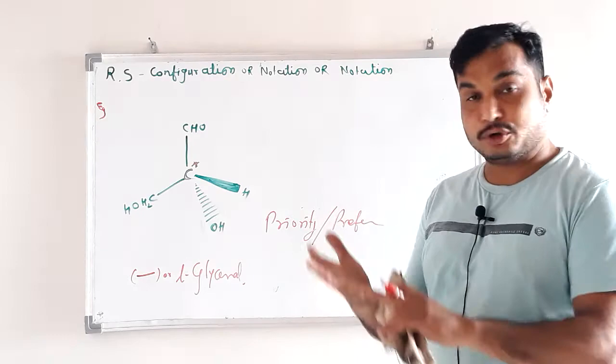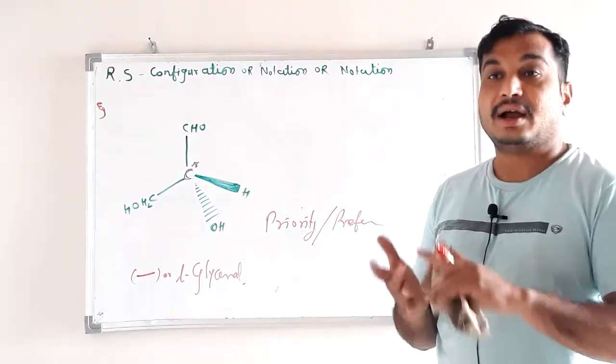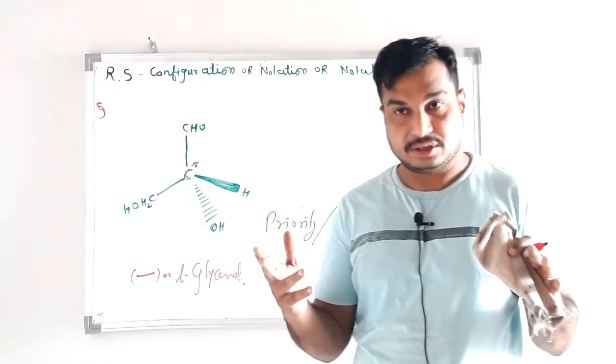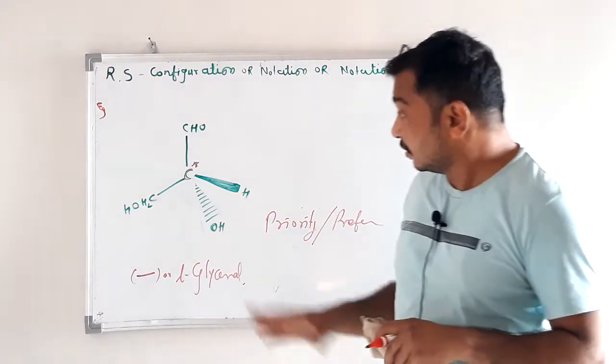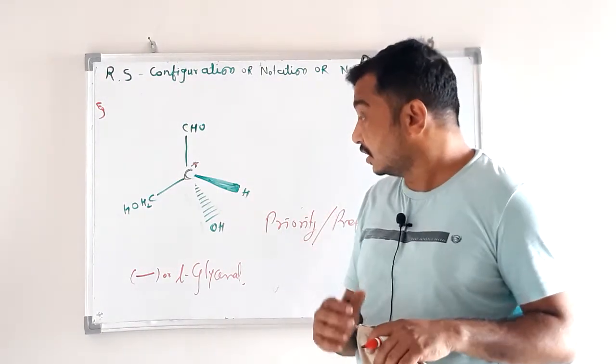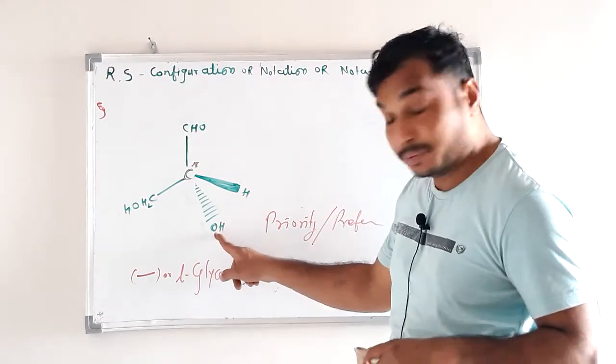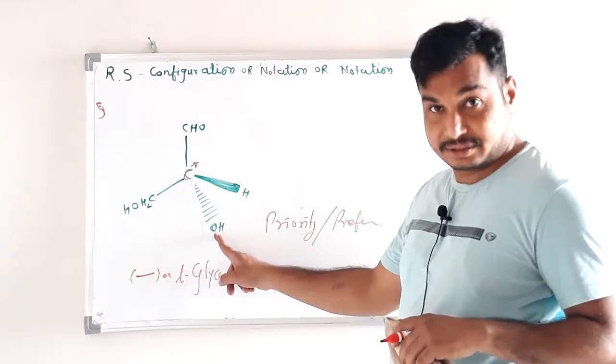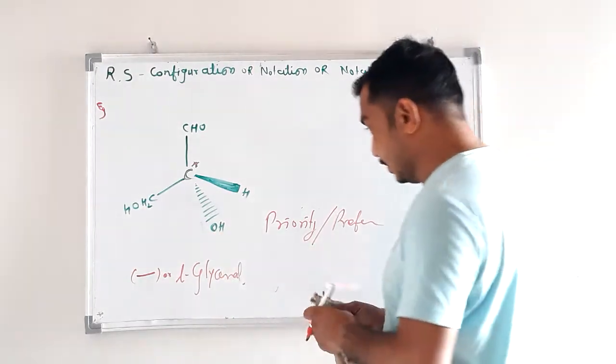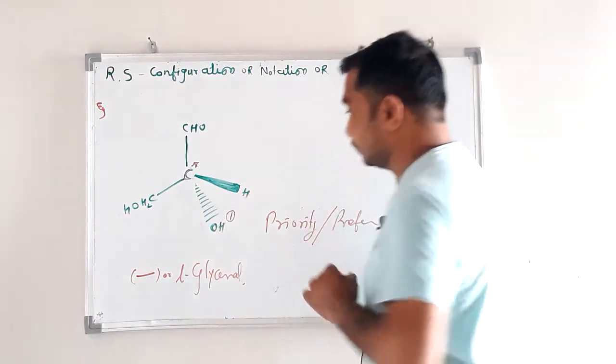On what basis? Atomic number and group size. Here, as we already discussed, the oxygen atom of the OH group has the highest priority, so it gets number 1.